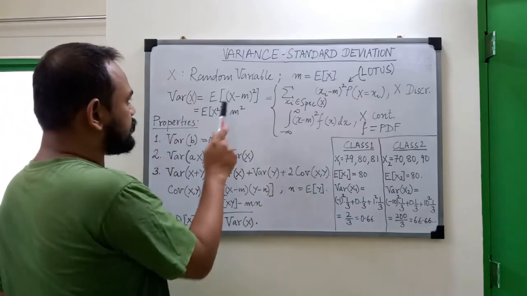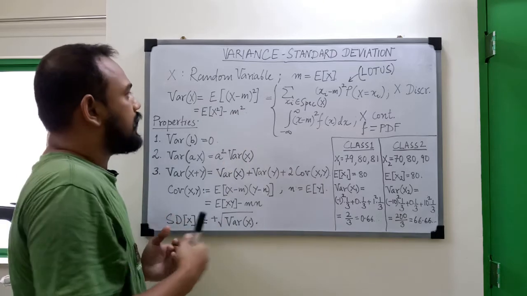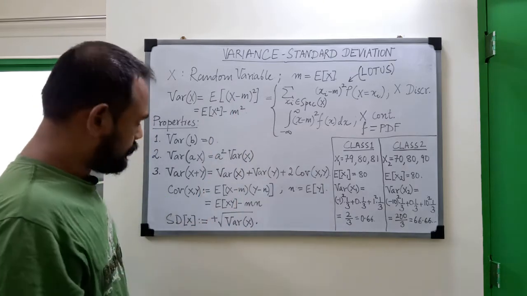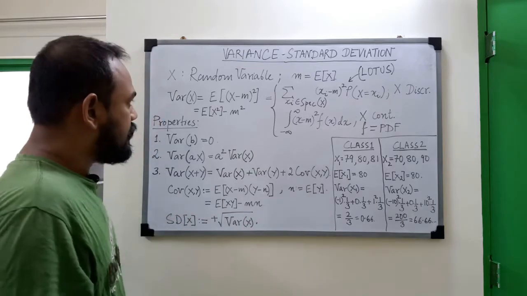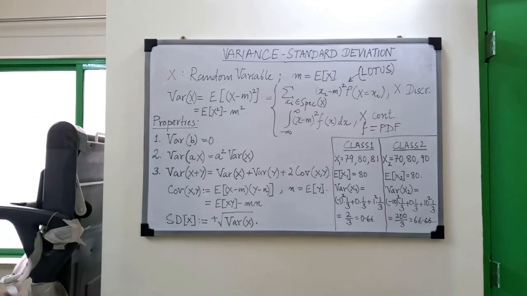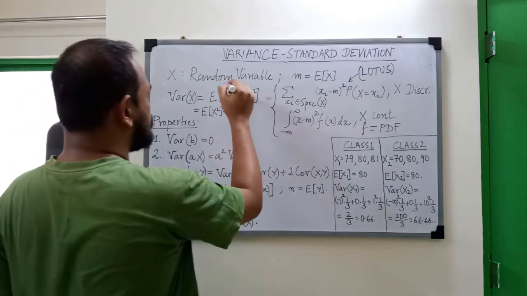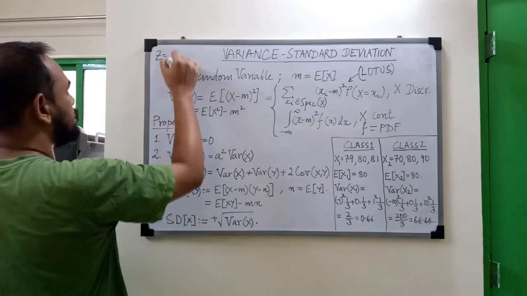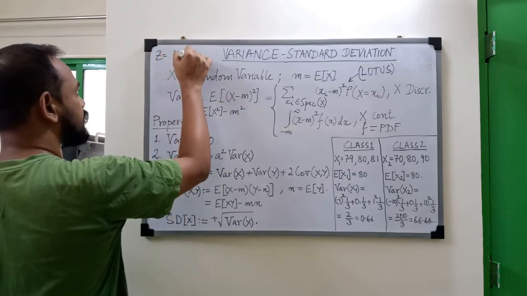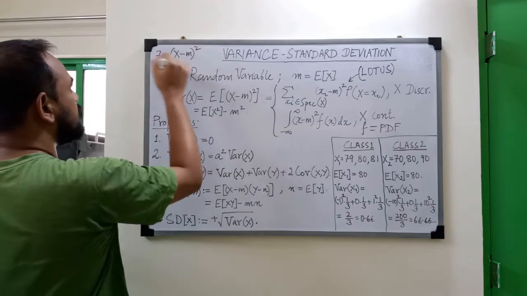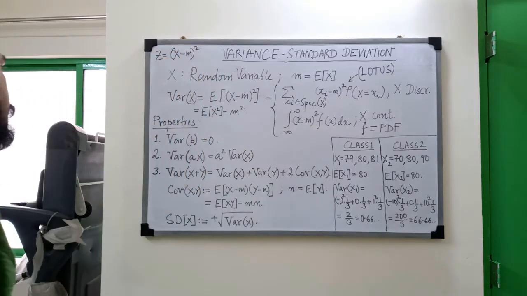So again, it's measuring how much a value of X differs from the average value. We're taking the square of that. This is a new random variable. If you want, this can be written as a random variable Z, made out of X minus the average value, squared.